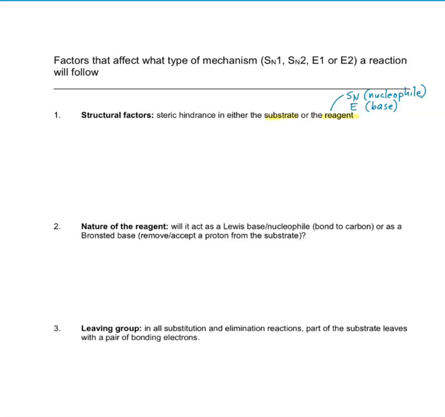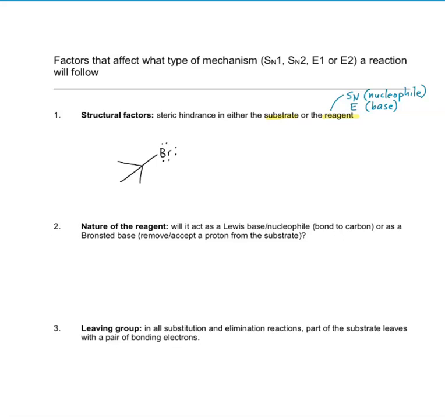So let's look at this idea of steric hindrance. What does steric hindrance mean? Well, we already know about steric strain. Steric strain is what happens, for example, in a conformation of a molecule where two large groups get too close to each other. Think about one of the eclipsed conformations in butane, where the methyl groups are eclipsing one another. That's steric strain.